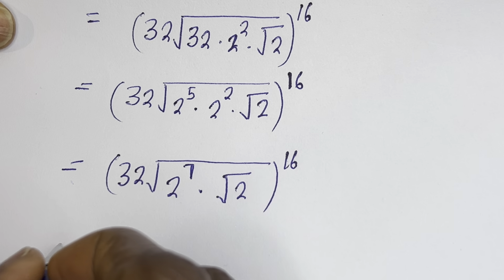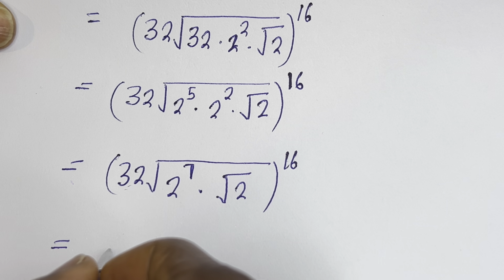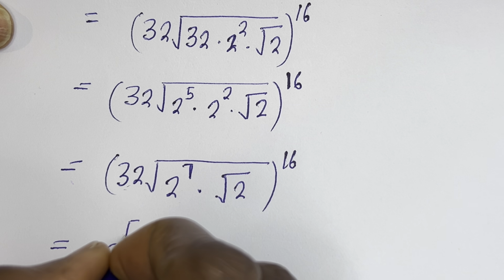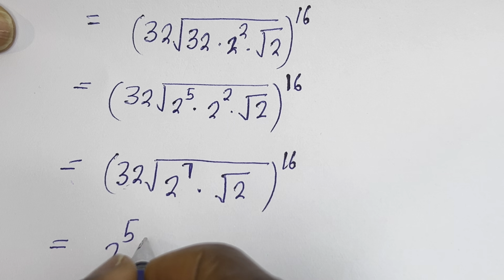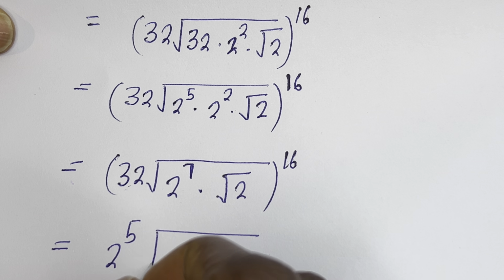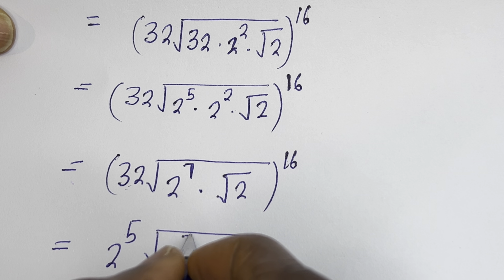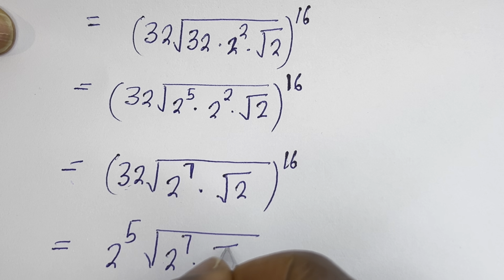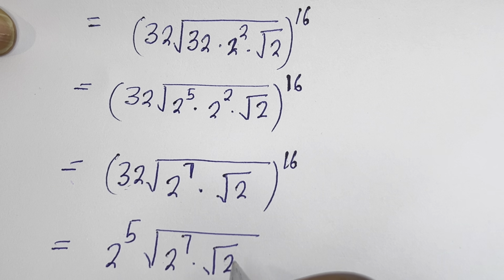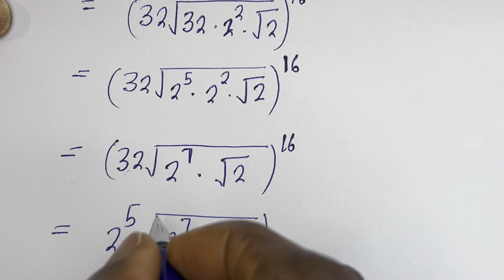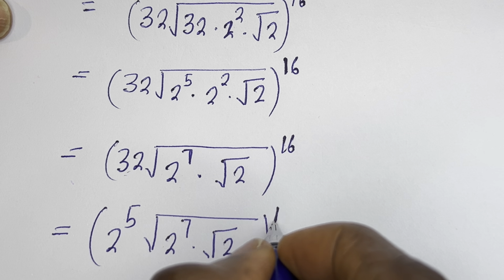So this is the same thing as, this 32 is 2 to the power of 5, then square root of 2 to the power of 7 multiplied by square root of 2, all to the power of 16.